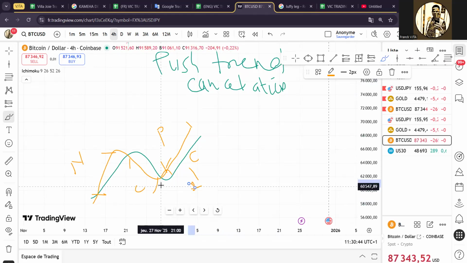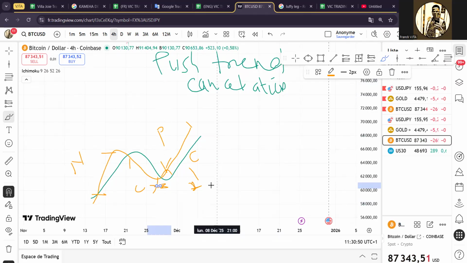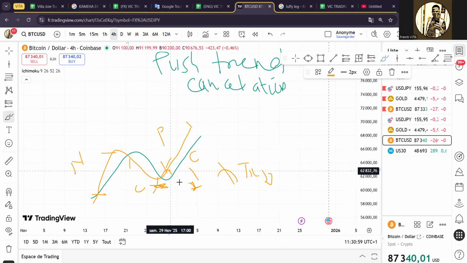Start paying attention. Break even. If you bought from here, break even or get out of the trade. Secondly, if it creates a Tenkan-Kijun cross to the downside, like completely reversing like this, the push trend didn't work, so completely exit your trade.